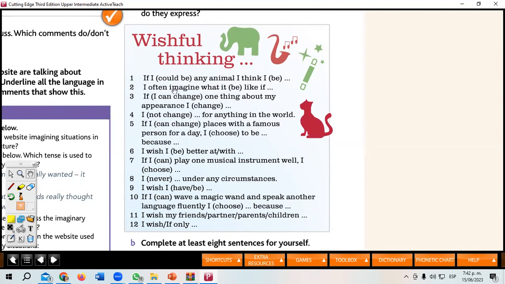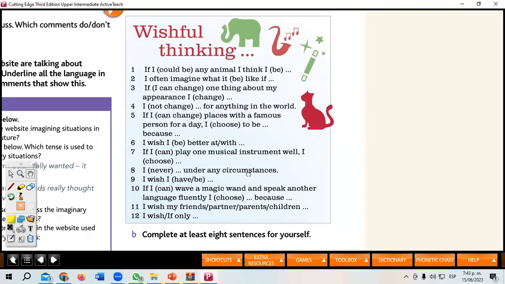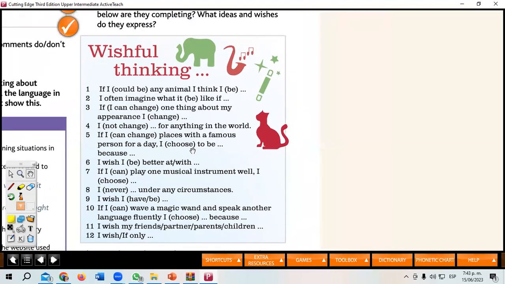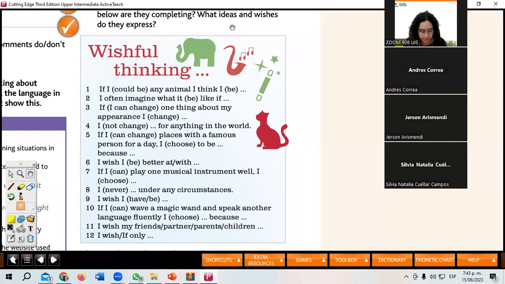We have 12. You are going to choose 5. I often imagine what it would be like if, a menudo imagino cómo sería si tal cosa. I often imagine what it would be like if I lived in a different country, for example. So this is the homework. Choose at least 5. Tomorrow at the beginning of our class, I'll ask you about this, okay? So, is it clear what we have to do? Yes, teacher.